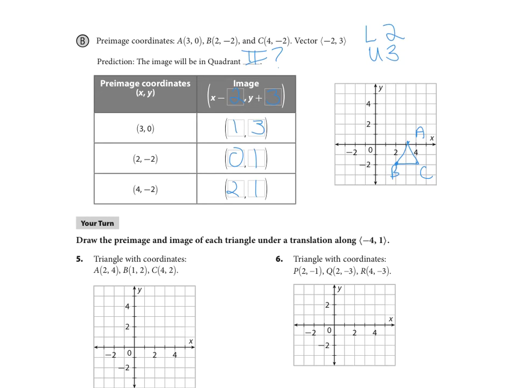So I'm going to change colors here so we can see the difference between image and pre-image. Pre-image is in blue. Here's my image coming out for you right now. So 3, 0 has moved. A prime is now 1, 3. B prime is 0, 1.